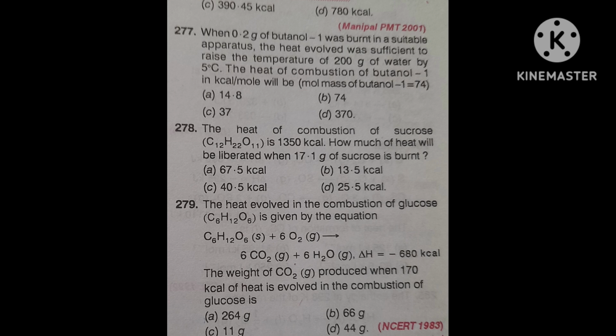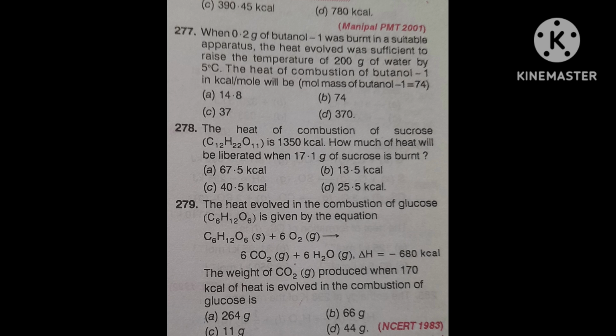In the question, 0.2 gram of butanol-1 was burned. This is the mass given. It was burned in a suitable apparatus. How much heat was evolved? The heat evolved was sufficient to raise the temperature of 200 gram of water.